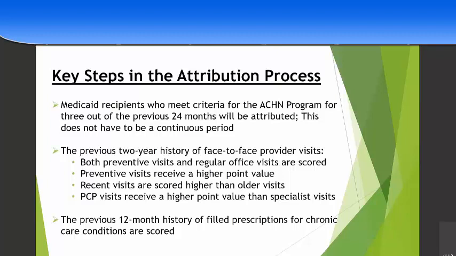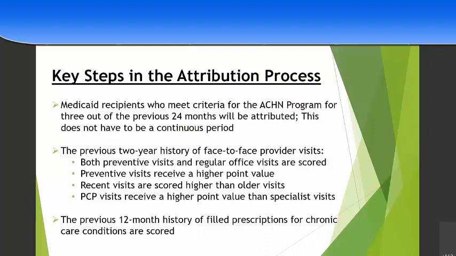Key steps in the attribution process. Medicaid recipients who meet criteria for the ACHN program for 3 out of the previous 24 months will be attributed. This does not have to be a continuous period. The previous 2-year history of face-to-face provider visits is scored, and I'm going to go into just a few things that are included in this.